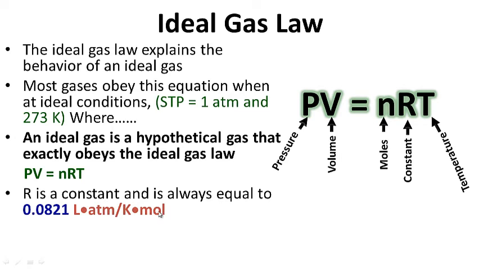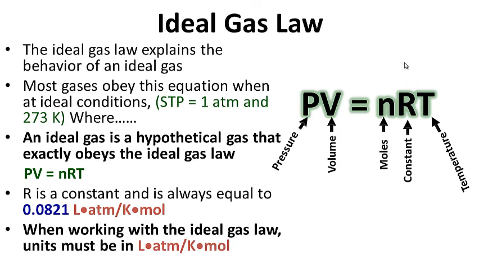Because our constant uses liters, atmospheres, kelvins, and moles, our pressure, volume, and temperature measurements must be in those units as well. So when working with the ideal gas law, very important, units must be in liters, atmospheres, and kelvins.